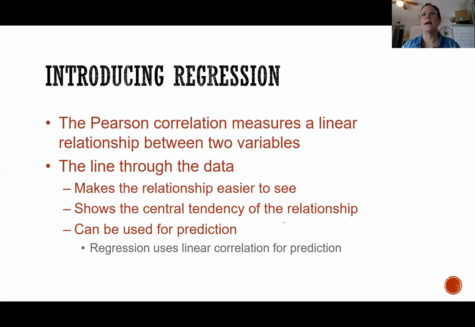So let's say I'm really interested in how GPA is related to IQ. Maybe I want to find out what the expected GPA would be for someone who has just an average IQ, an IQ of 100.